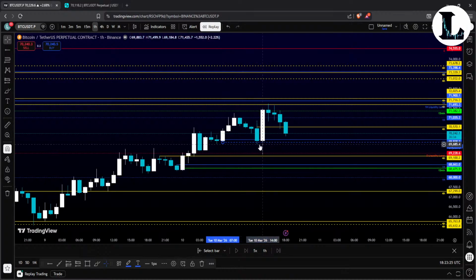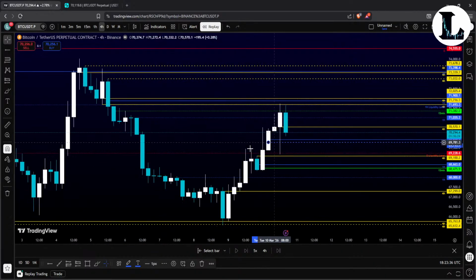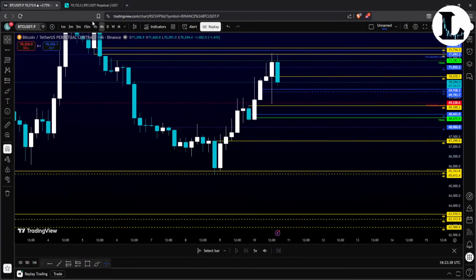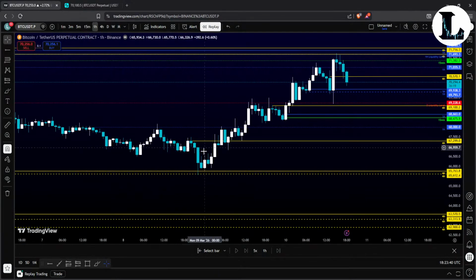So break level here. Okay, the price already broke down. Try to break down that level. And the next one, we have it here, right? The best support, that I don't even like, honestly. Good. Let's go find the 1 hour here. It's this candle here. Okay.